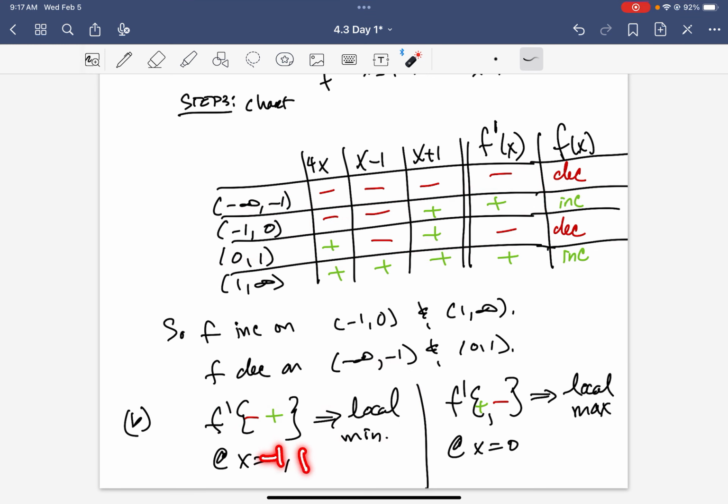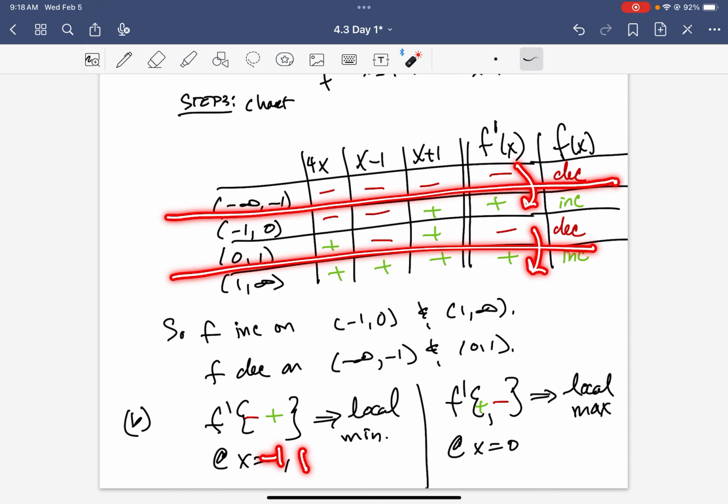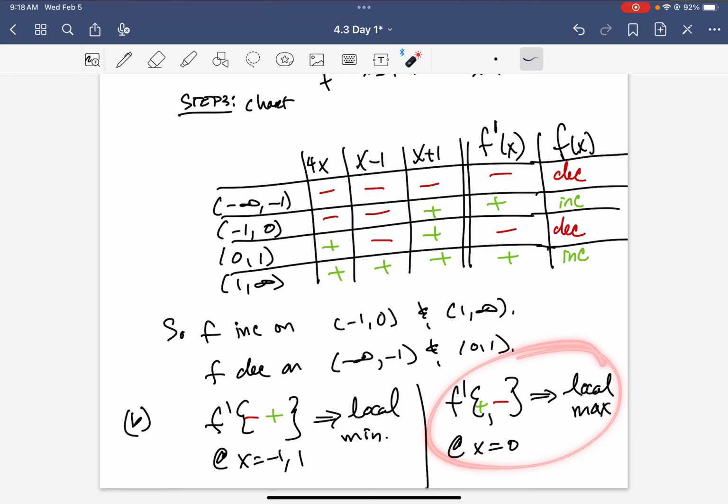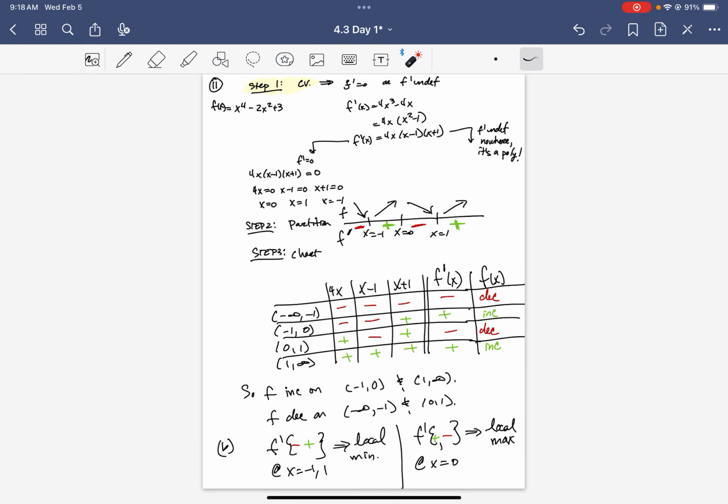So at negative 1 and at 1, I go from decreasing to increasing, so that means I have a local minimum. But then at x equals 0, which is in between these two intervals, I go from increasing to decreasing, so I have a local maximum. And that's the way we write it.